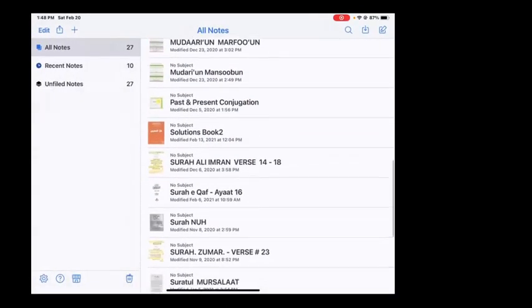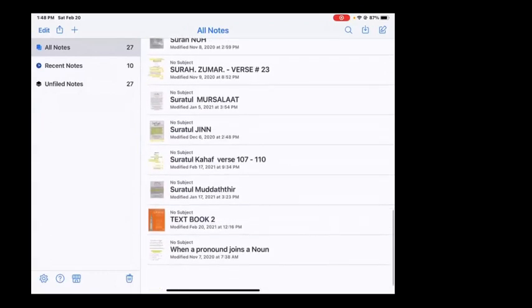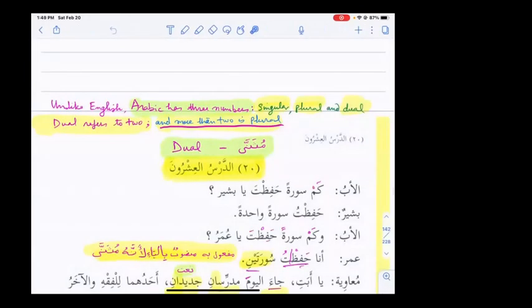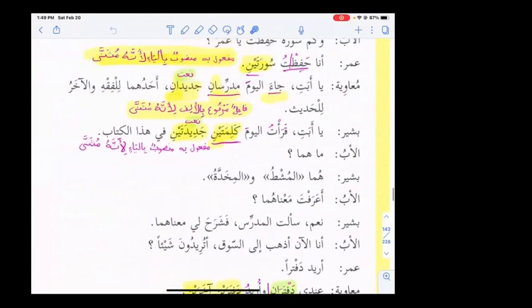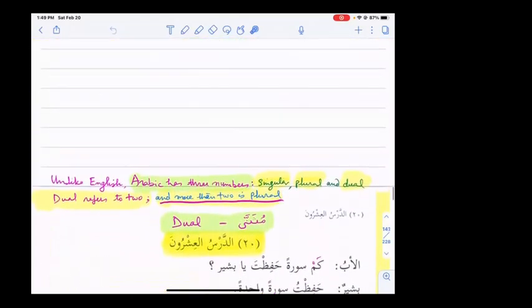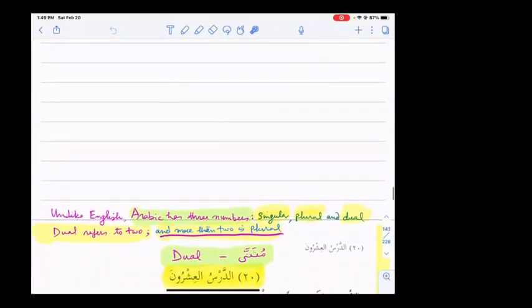Now we go to the main lesson. I have a lot of things written everywhere. I'll go one by one. Unlike English, in English there is no dual form. It is singular and plural, that's all. But Arabic is very precise.